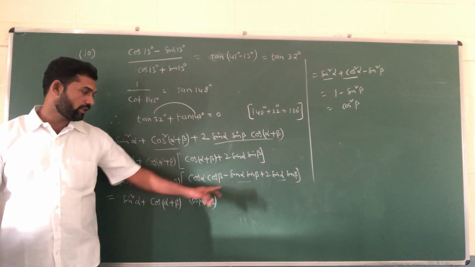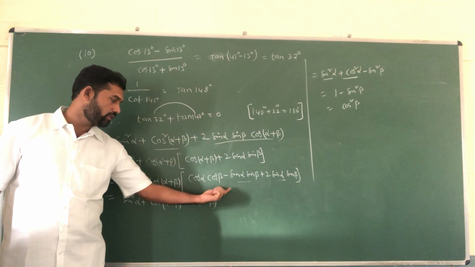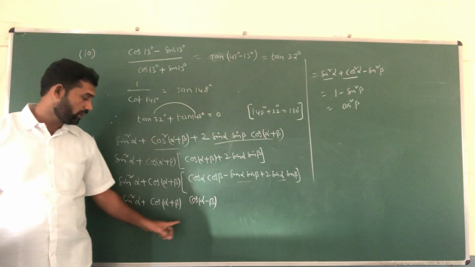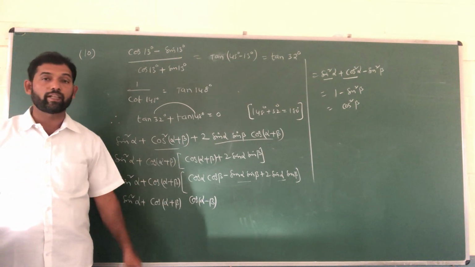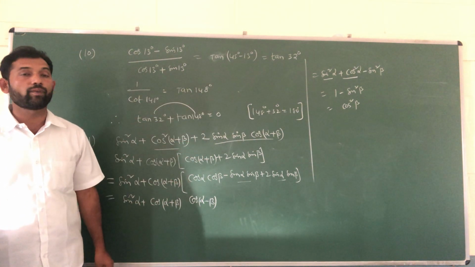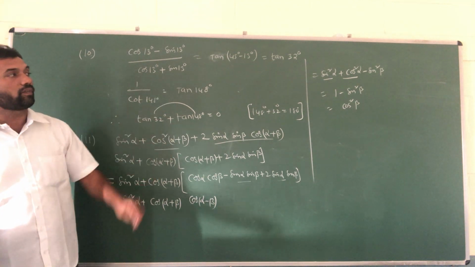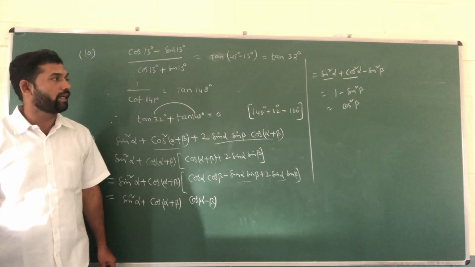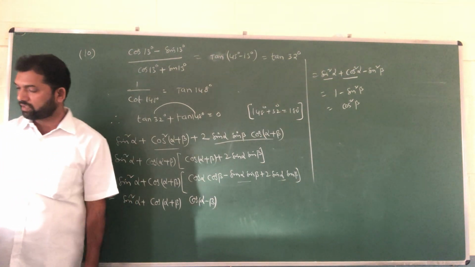The formula for cos alpha plus beta into cos alpha minus beta is cos square alpha minus sin square beta. Note down fast.